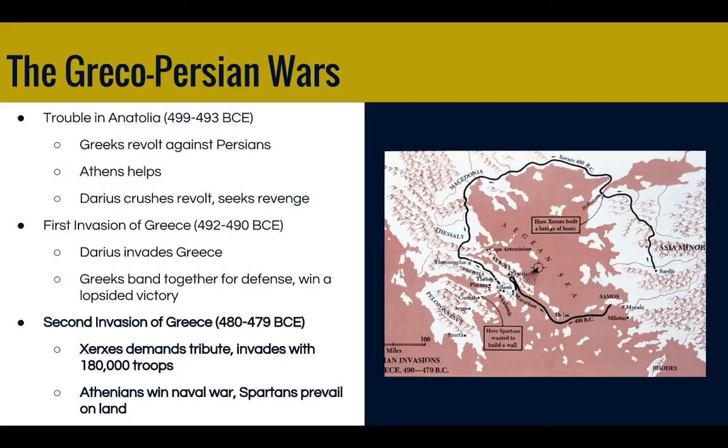They go home for a little while, and Darius does not invade again, but his son Xerxes still is demanding tribute from these Greek city-states because the Persian Empire does not go anywhere. It's still there, it's still large, and still very impressive. But of course the Greeks do not think they should have to pay this tribute or this tax to be vassals of the Persian Empire.